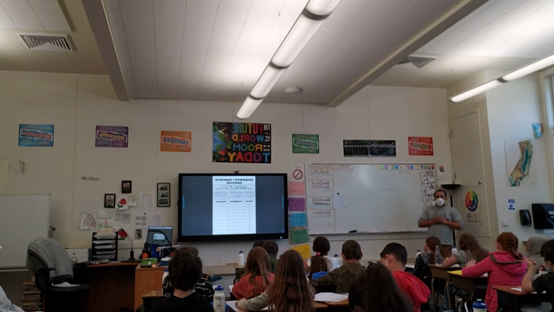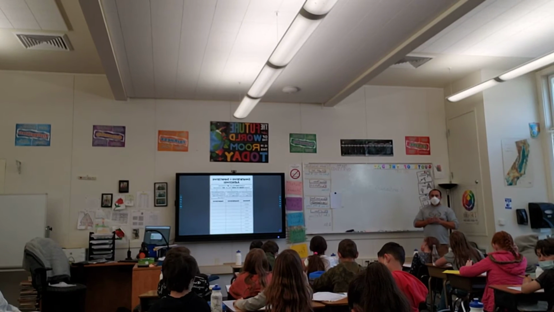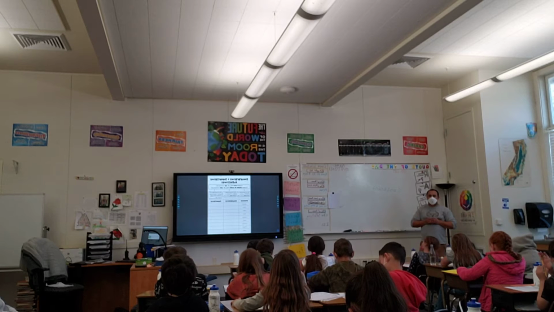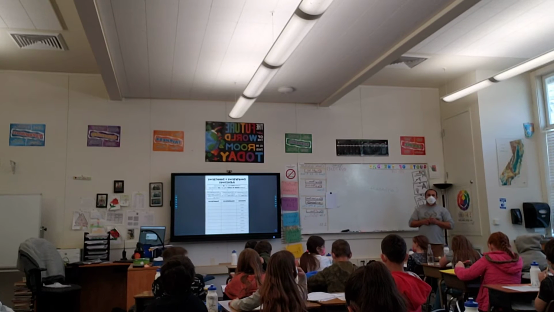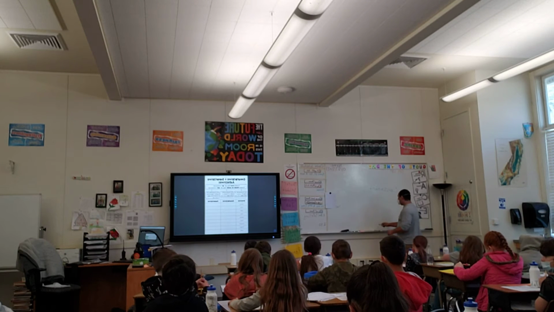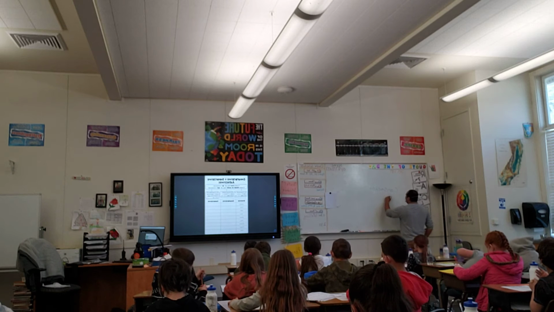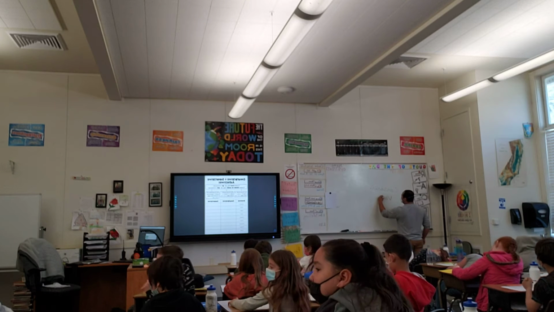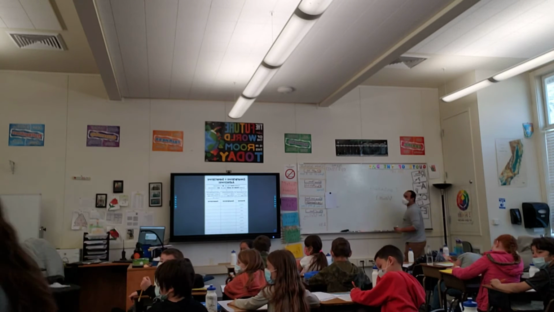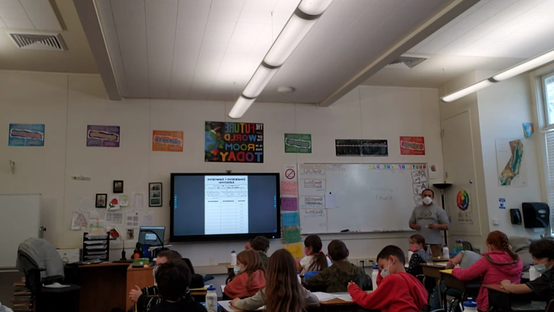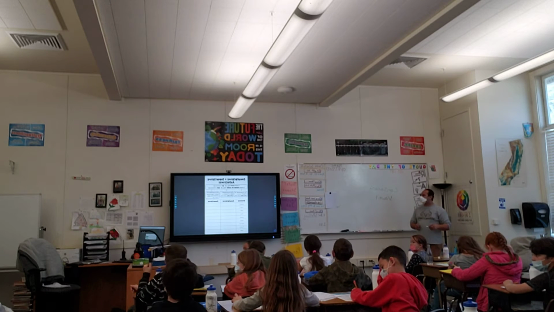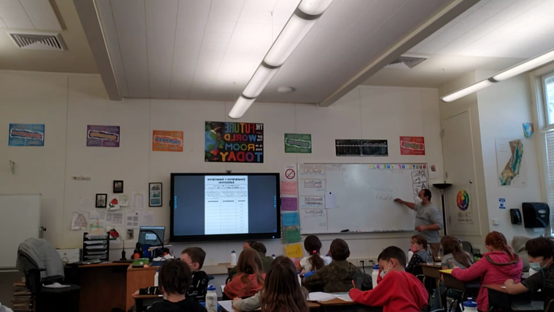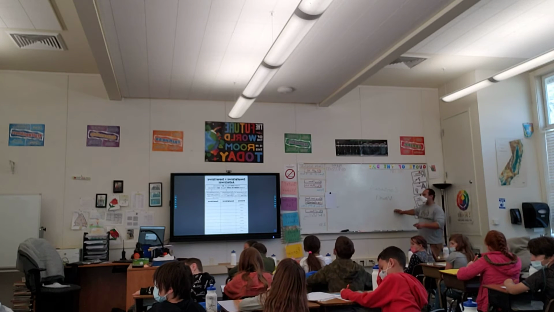I'll give you a hint: A, E, I, O, U. What are those? Vowels. Consonant, vowel. So a vowel is in the middle. And who thinks what the last C means? What do you think the last C stands for in CVC?